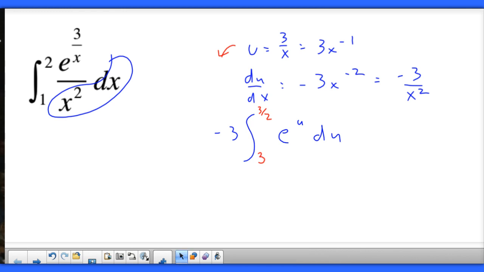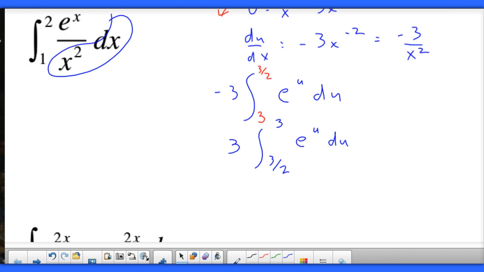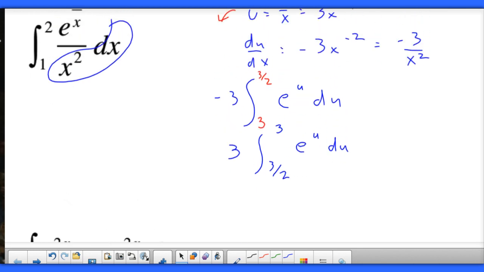All right, Gus, what's wrong with that? That's right. The limits are backwards. So do the limit property and switch those limits. So what can we do next? Now let's do the antiderivative.